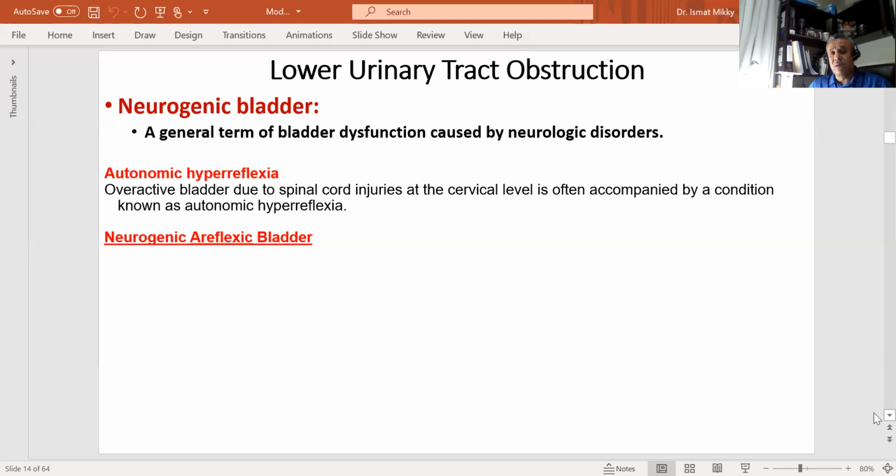So there are some factors that should be prevented, or at least identified, in order to prevent this autonomic dysreflexia. The full bladder could result in this complication.